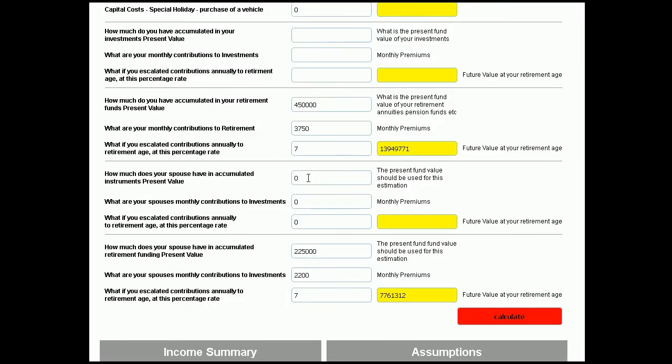So when we use one of these onboard calculators, there are three fields that need to be completed. The first is the income capital injection that may be available. Mr. Soap has none, so we leave it at 0. Then the contributions that would be required to arrive at the shortfall of 4.9 million Rand in Mr. Soap's case, and the escalation that these contributions could be increased by annually.